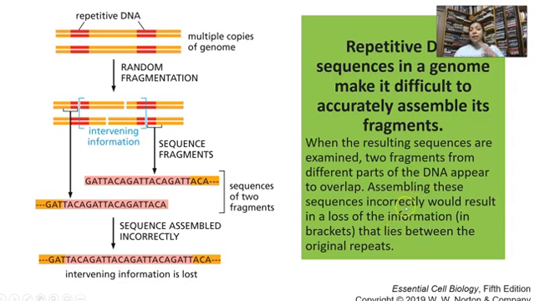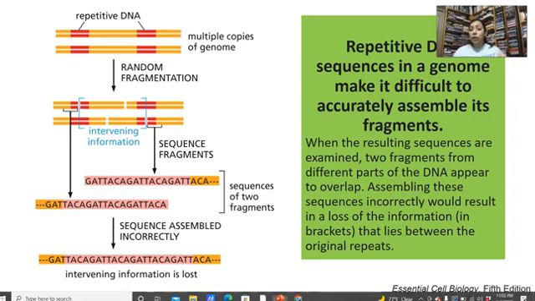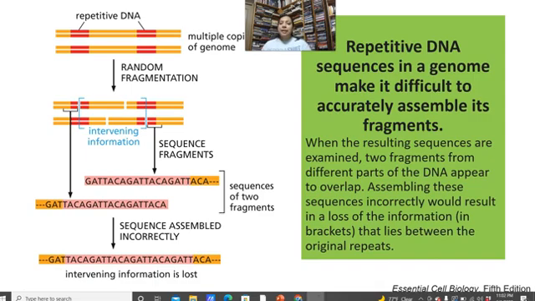Now, this is great in a typical small genome, but a genome like a human's that has a lot of repetitive DNA sequences, it's not going to work very well, is it? Because those repetitive DNA sequences are going to make it very difficult to find the correct overlapping ends to line up. And that way you can end up with two different fragments from different parts of the DNA that may look like they're overlapping, but they are not really in the right position if you put them that way.